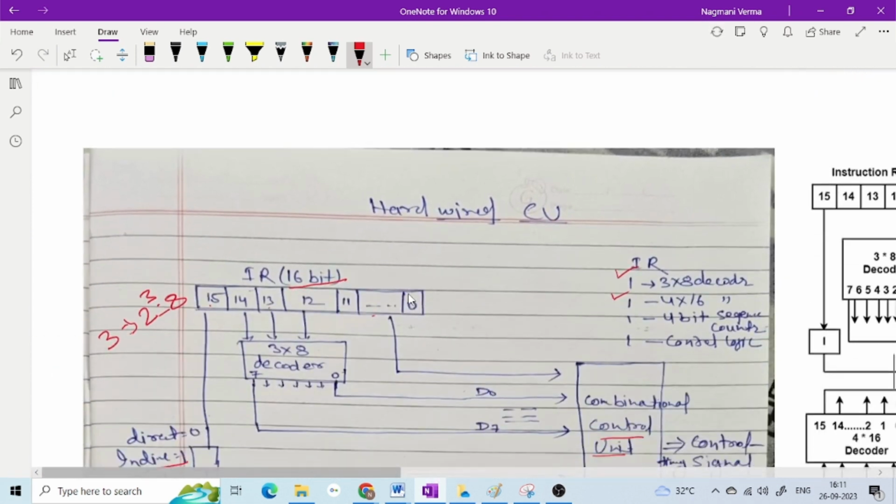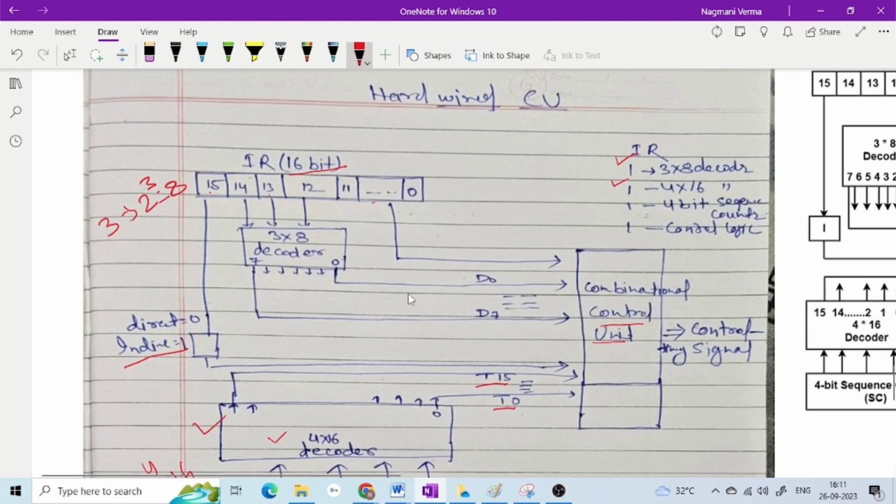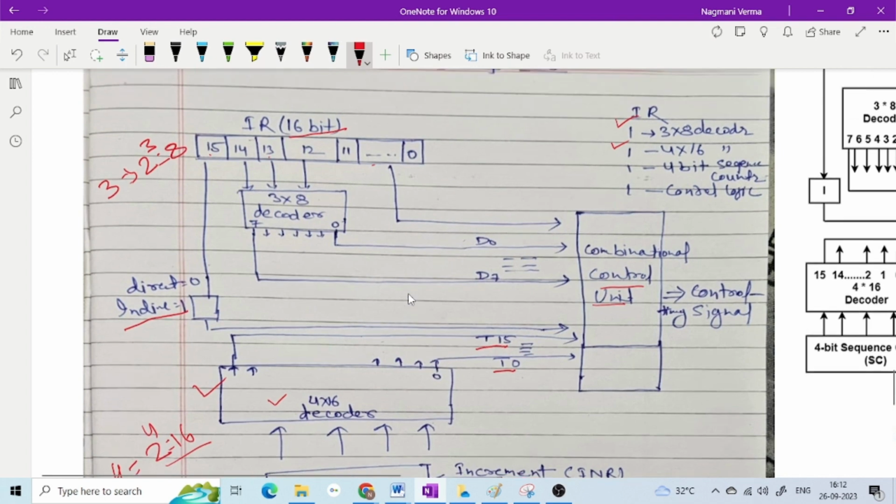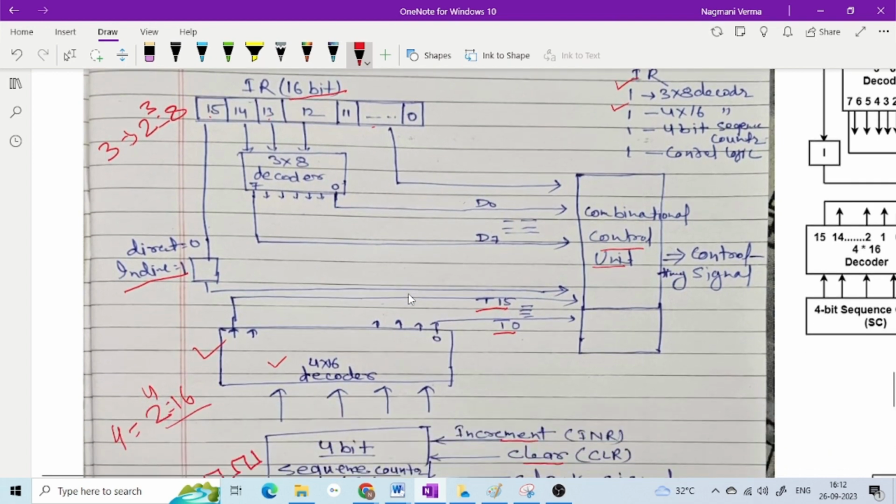Now let's talk about how the hardware control unit works. So this is the diagram. I think it's very common, everyone knows about this. There is a 16 bit IR register. The first 12 bits are the operand, and these 3 bits are the opcode, and this is the addressing mode.